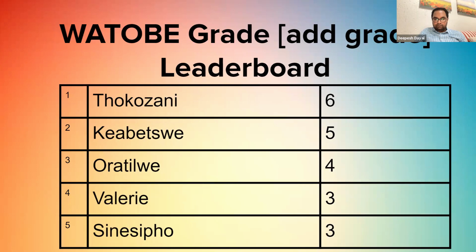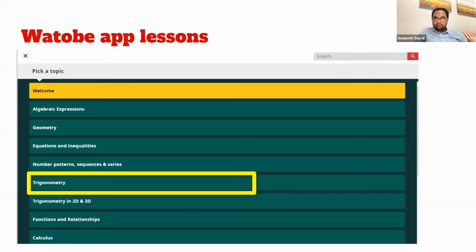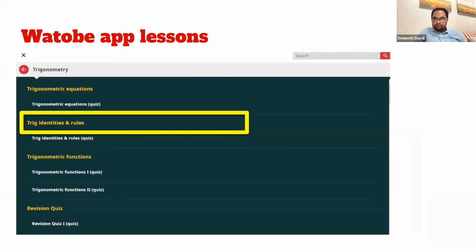So if you can do as many of these as you possibly can, I promise it's going to get easier. But well done to Tokozani and Kiabetu, you're really trying. And keep it up, guys. Remember, the more you practice, the easier it will become. Okay, so the homework is that we're going to be going into trigonometry, looking at trig identities and rules, and then the quiz right underneath it. So that's what we're going to be doing for homework for Thursday.